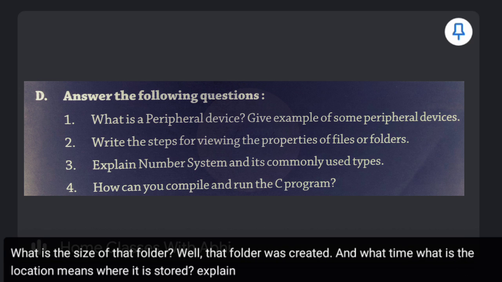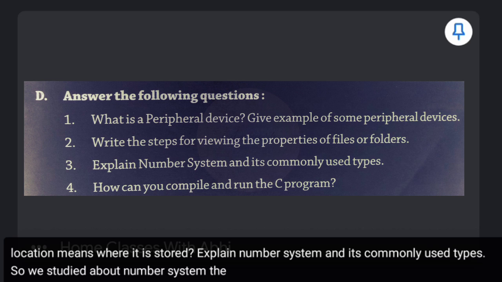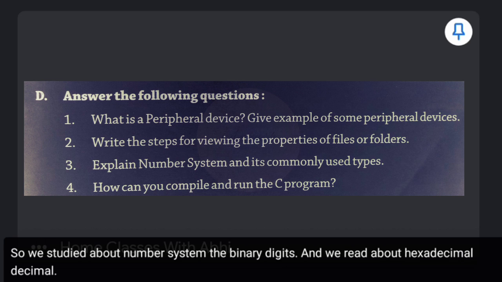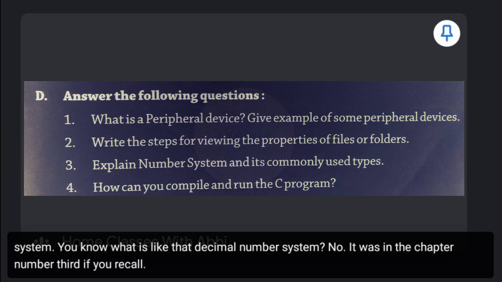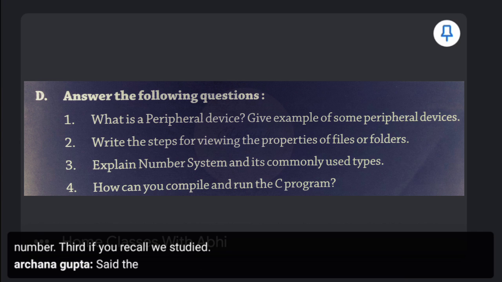Explain number system and its commonly used types. So we studied about number systems, the binary digits, and we read about hexadecimal, decimal. Do you remember that? It was in chapter number 3. If you recall, we studied this.